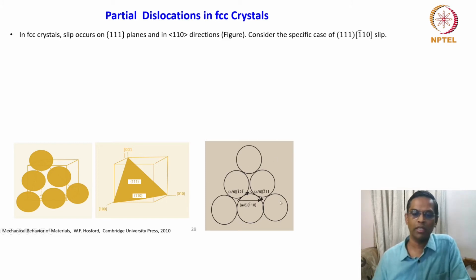And what is shown here is the Burgers vector, and we will come to that a little later.